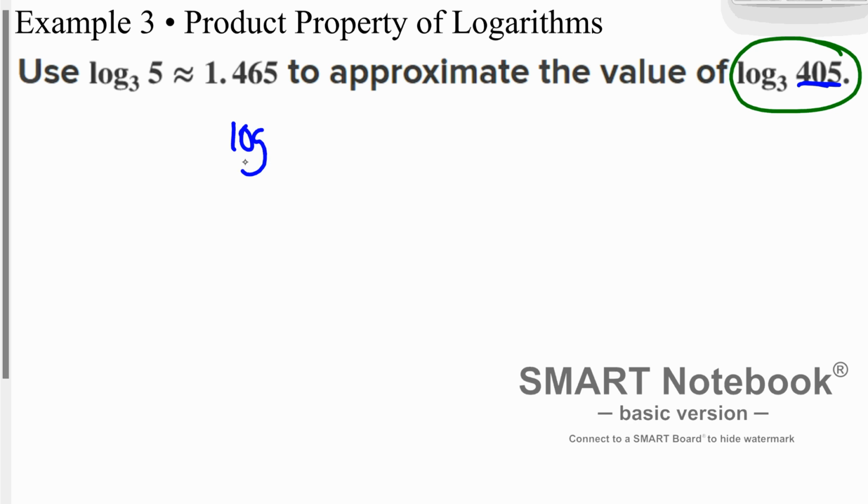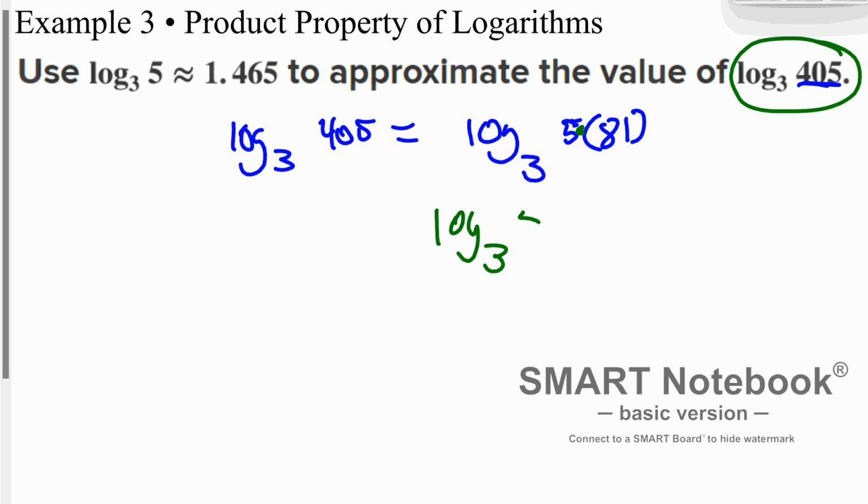So log base 3, because that's my base, of 405 becomes log base 3 of 5 times 81, which I'm pretty sure is 405. Now this is a product, so I can separate that into two logs by addition: log base 3 of 5 plus log base 3, same base, of 81.